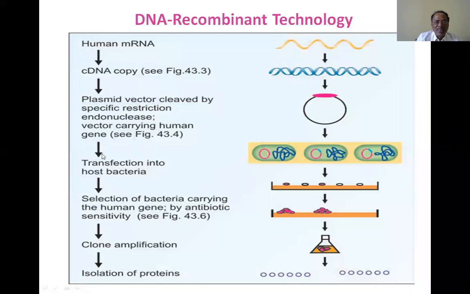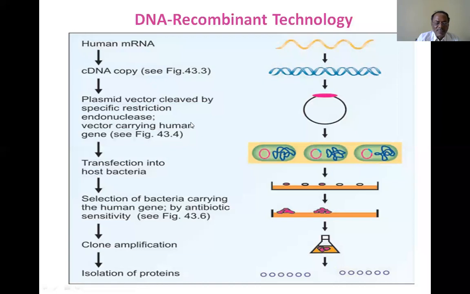We are able to synthesize the growth hormone, which was a highly Herculean task, because gathering about 1,000 pituitaries from various sources, crushing them, isolating the growth hormone from there and preparing it was very difficult. So the Herculean task became reasonably easier with this recombinant DNA technology.